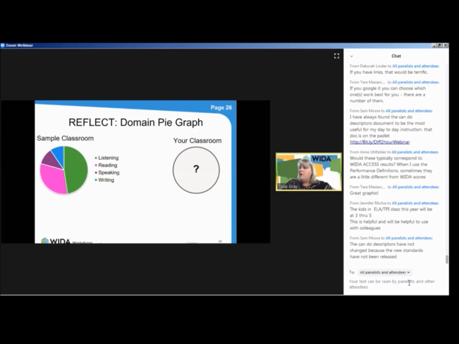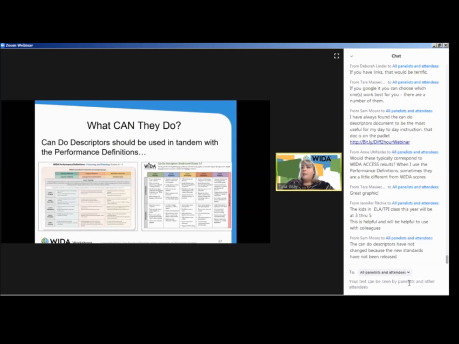All right, so next, we're going to talk a little bit more about the can-do descriptors. And as you can see, the can-do descriptors are separated by grade level. So your grade level 3, cluster 3 to 5 is here for you on the screen. And these go along with those performance definitions.